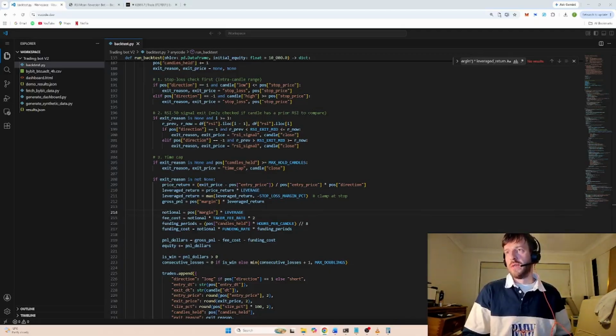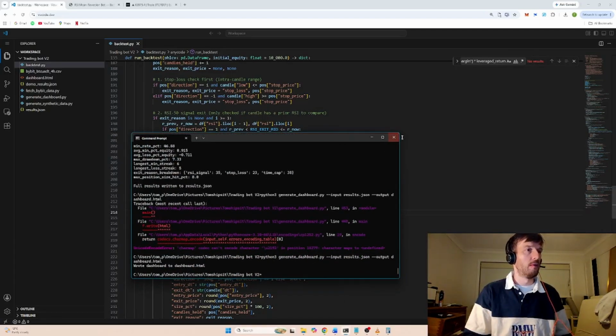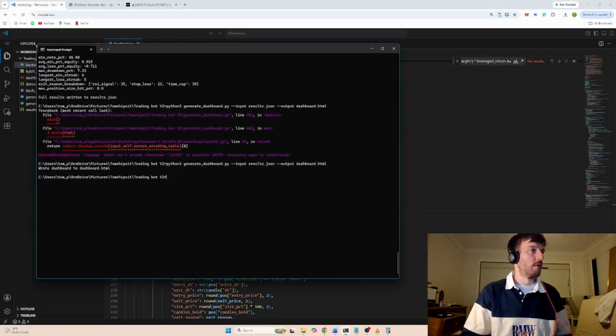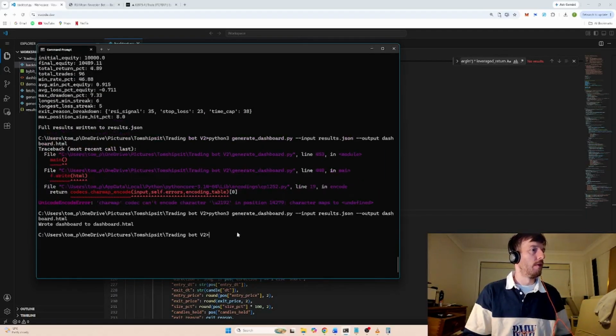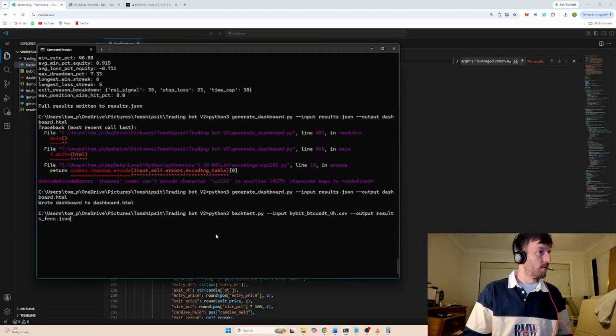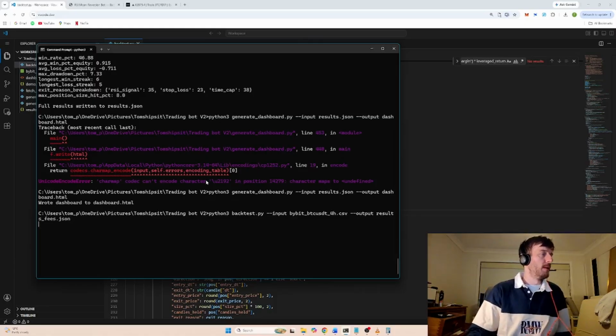The next step, because that's now all saved, is we're going to go into a terminal here. I'm just in my folder, grabbing the scripting now. Okay, let's see what happens here.